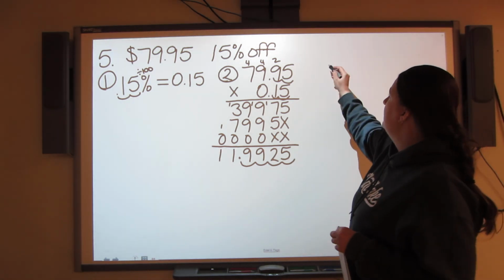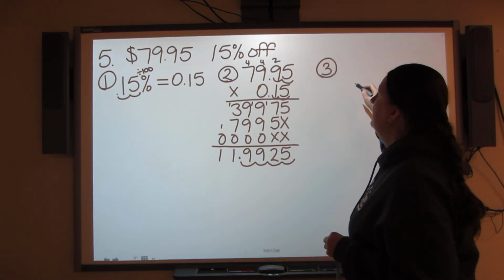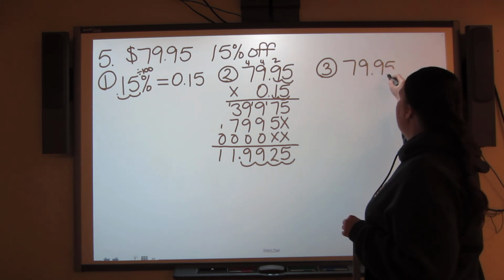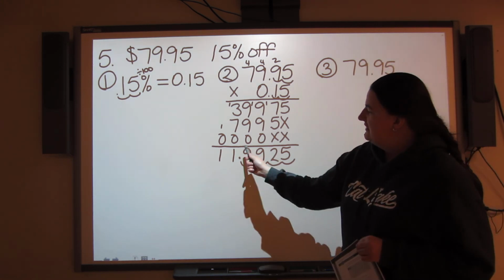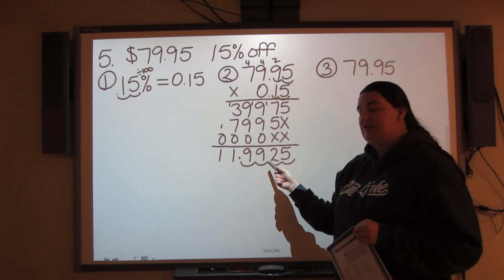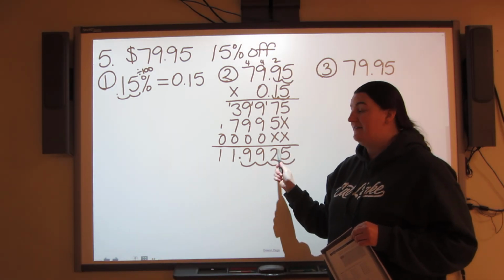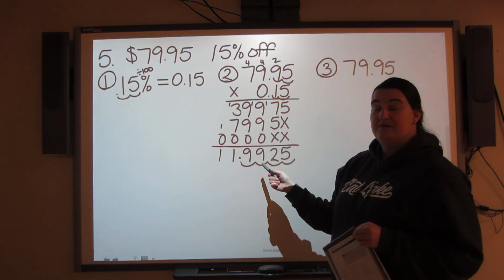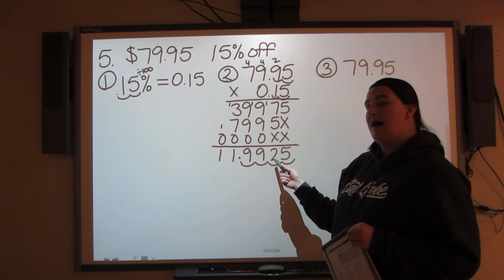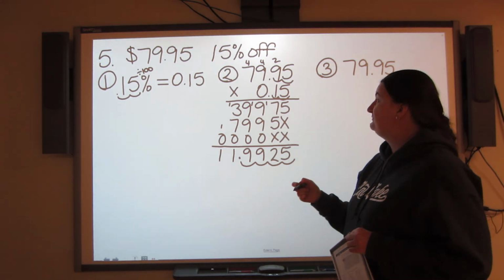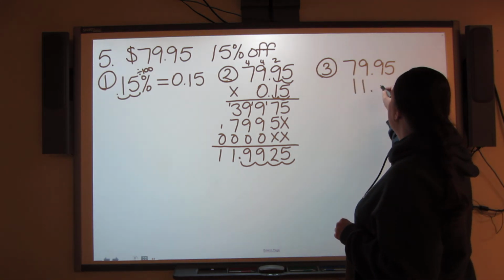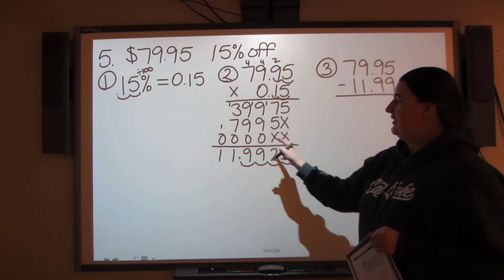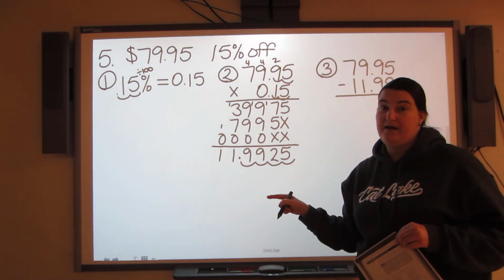So when it comes time to step 3, you really just want the first 2 places after the decimal. And in this case, you can't round up. The 2 is not big enough to change the 9. So $11.99 is your total discount dollar amount.